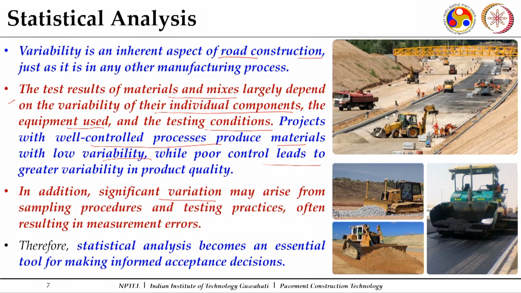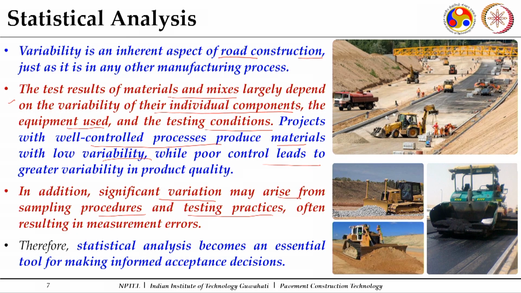In addition, significant variation may arise from the sampling procedures, how you are sampling that particular one. So the sampling also has to be done in a proper manner which can be accepted by all. It can be accepted by the owner, and it needs to be accepted by the contractor also. So the sampling procedures, testing practices, often, as I mentioned, even the density gauges: certain density gauges show less variability in comparison to other density gauges.